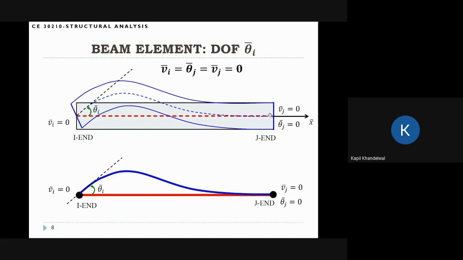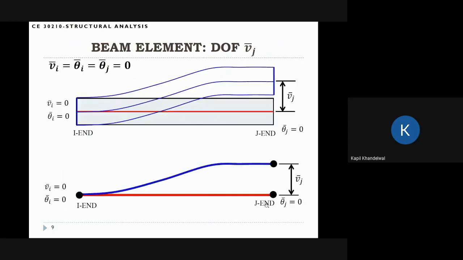All the other degrees of freedom I'm assuming are 0, so Vj, theta j, and Vi are 0. Only theta i is present. So rather than drawing this like a thick section, we'll represent this kind of deformation by just the central axis. This is the deformation of the central axis, and red is the undeformed case.